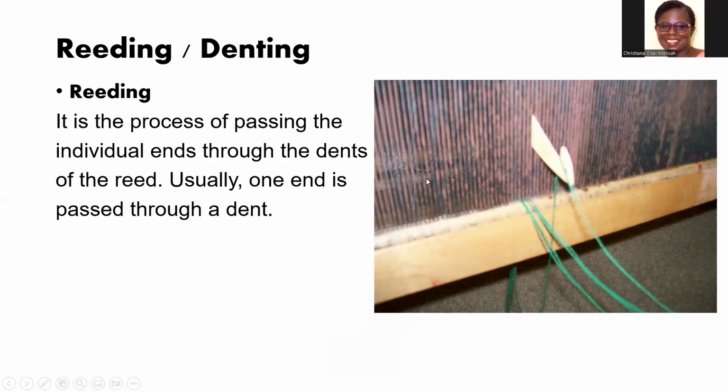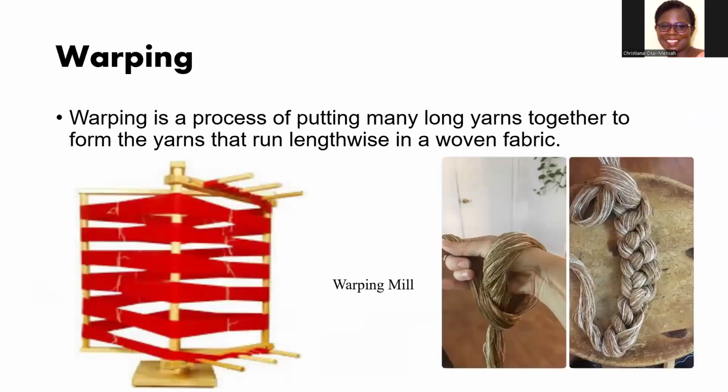Then you count the number of holes. Then that number is where you are going to put the yarns, and it will give you the width that you want. So if from here to here is 36, then your yarn should be packed up to that width. And when you weave, you get the 36 that I'm talking about.